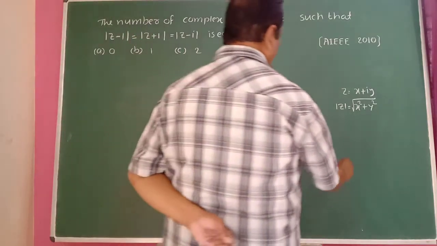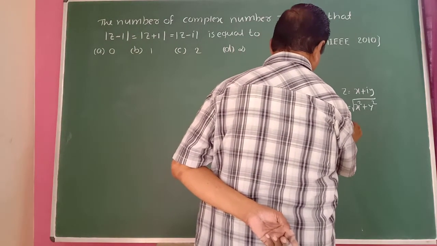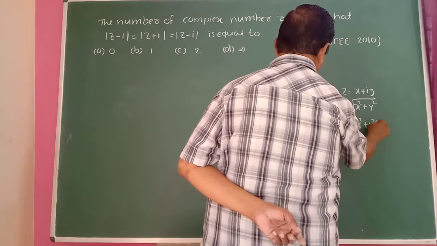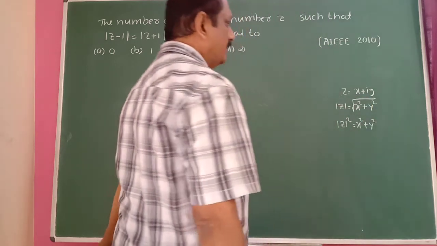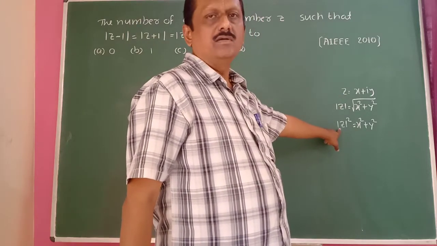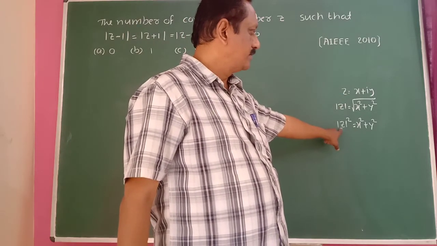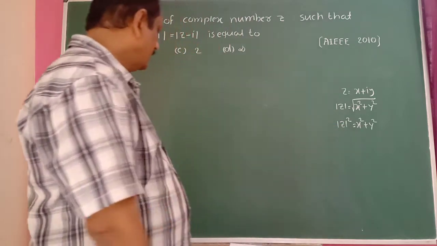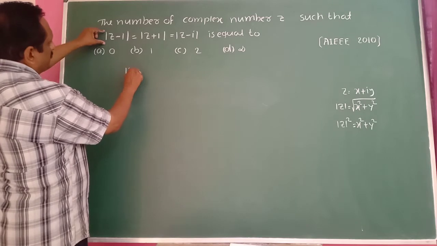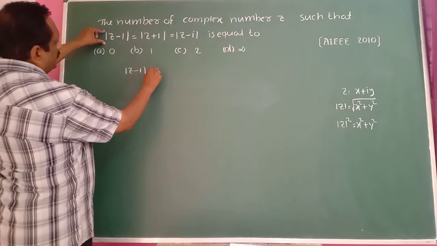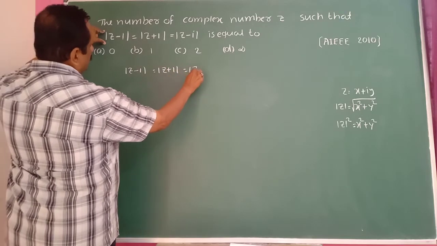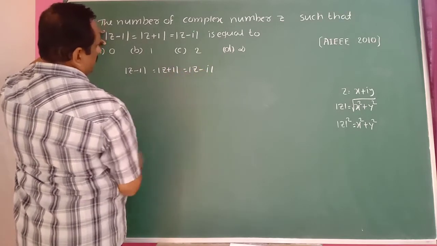Squaring on both sides, modulus of z square is equal to x square plus y square. So just observe here, they are given modulus of z minus 1 equal to modulus of z plus 1 equal to modulus of z minus i.